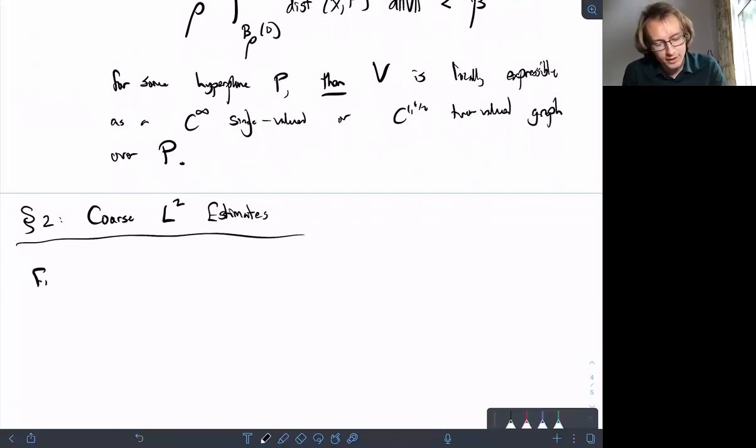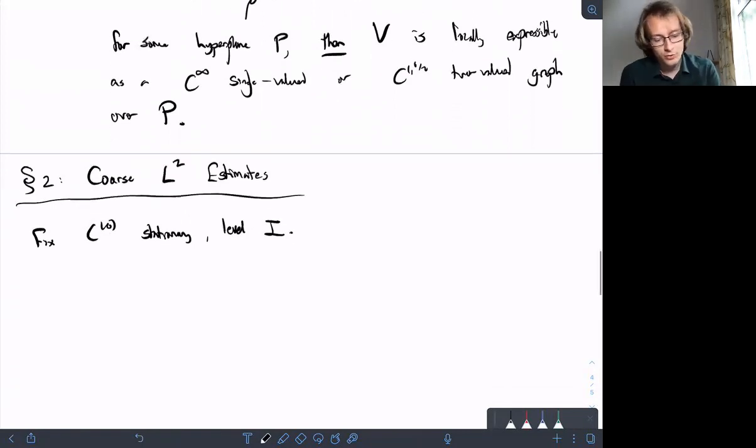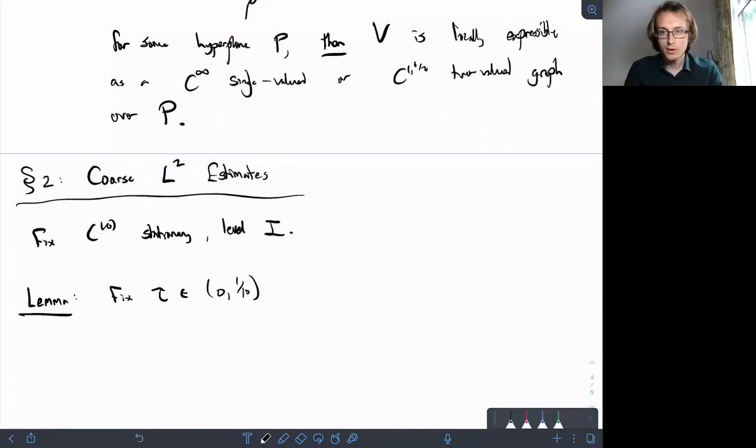The idea is that we fix again some C0, stationary level I, and to construct a coarse blow-up class, we are going to take scaling sequences of suitable graphs that express varifolds close to C0. The main initial result for this is the following lemma: we fix any tau sufficiently small, and tau will give a neighborhood of the spine of C. We can't express things close to the spine as graphs, because we don't know what happens when the sheets connect.